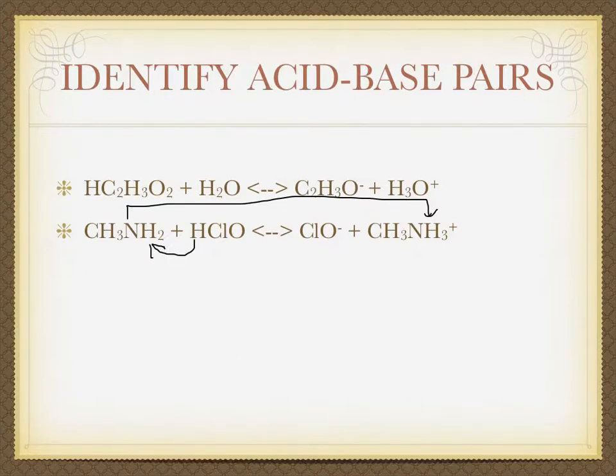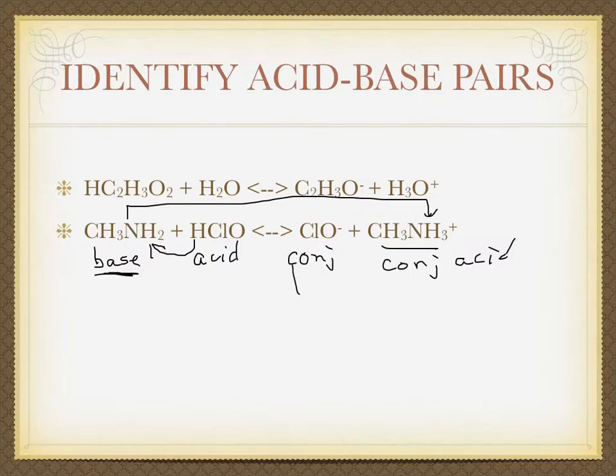So we accepted a hydrogen, therefore this is a base, this is the acid, and this one over here, because this is the base, what goes with it is the conjugate acid. Therefore this one's the conjugate base. These two go together.